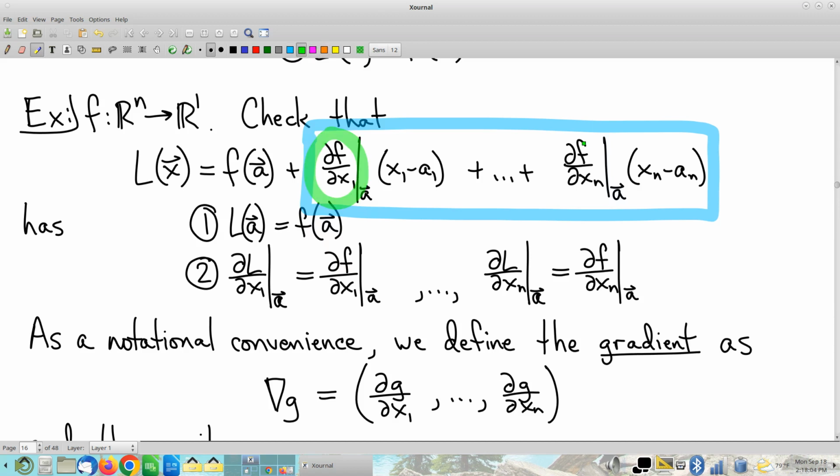There are these partial derivative factors, and then there are these coordinate differential factors. I call these coordinate differentials because as you move from the point a to the point x, the first coordinate started at value a1, ended at value x1. So this little x1 minus a1 literally tells you how much your x coordinate changed.